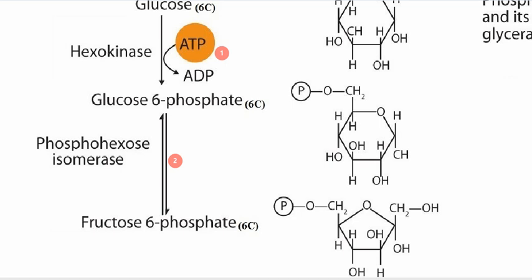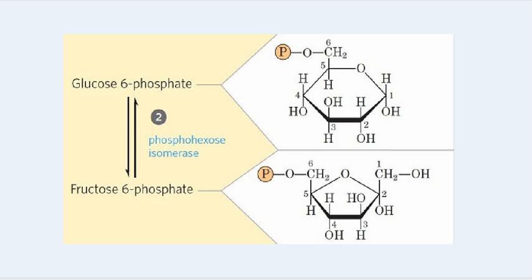So now let's see only the second reaction, which I am keeping in front of you. So this is the second reaction. Glucose 6-phosphate is converted into fructose 6-phosphate. Reaction number 2, phosphohexoisomerase. This is glucose 6-phosphate. This one is fructose 6-phosphate.